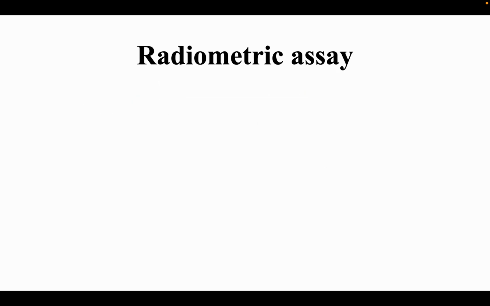In the radiometric assay, as you can see, we measure different radiolabeled isotopes like hydrogen 3H, carbon 14, phosphorus 32 (P32), P33, and sulfur 35 (S35). So we measure different radioisotopes, and this radiometric assay could be coupled with different techniques like chromatography.